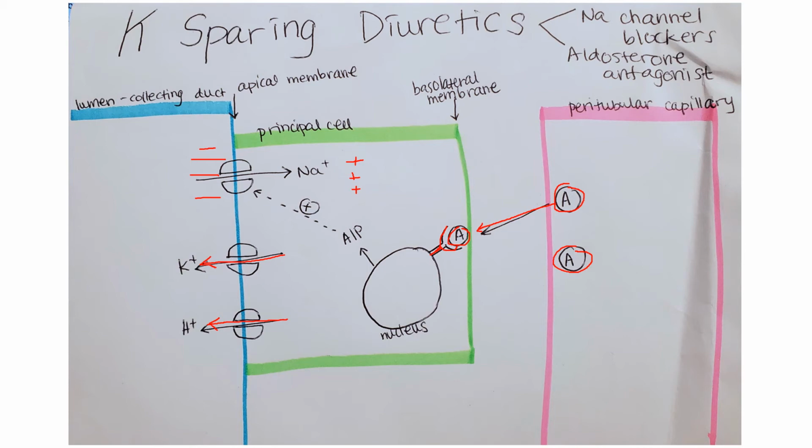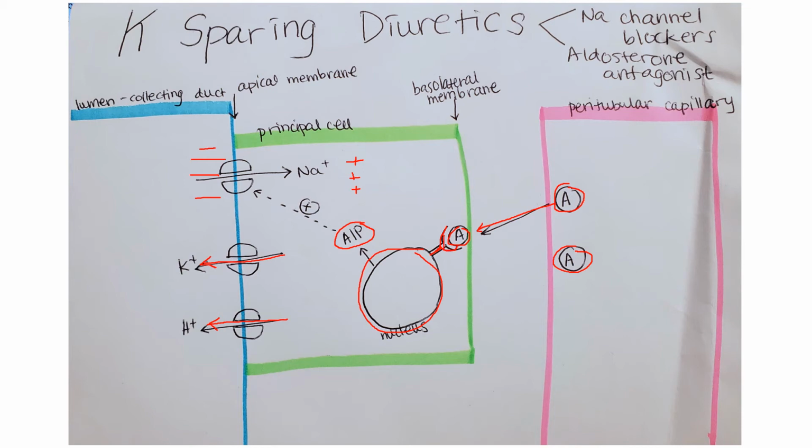When our aldosterone binds to the receptor, it activates something in the nucleus, which then increases the production of something called aldosterone-induced protein, so AIP for short. Okay, once again, our circulating aldosterone crosses the membrane, crosses the interstitium into the principal cell, and finds its way to the receptor.